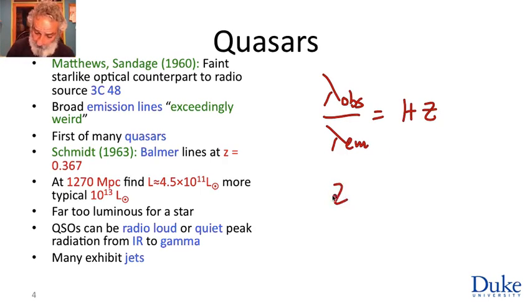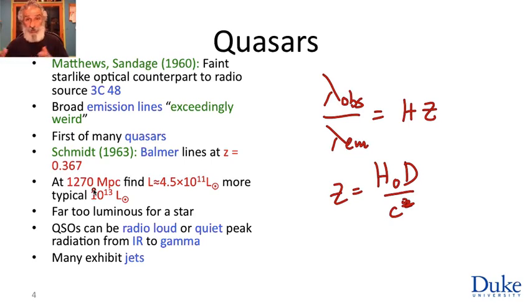Furthermore, we can relate z to the Hubble constant by z = H0 d / c, and so we can plug the known value of the Hubble constant and the measured redshift to produce a measurement of the distance. Indeed, this quasar is 1,300 megaparsecs away. It's a very distant object.